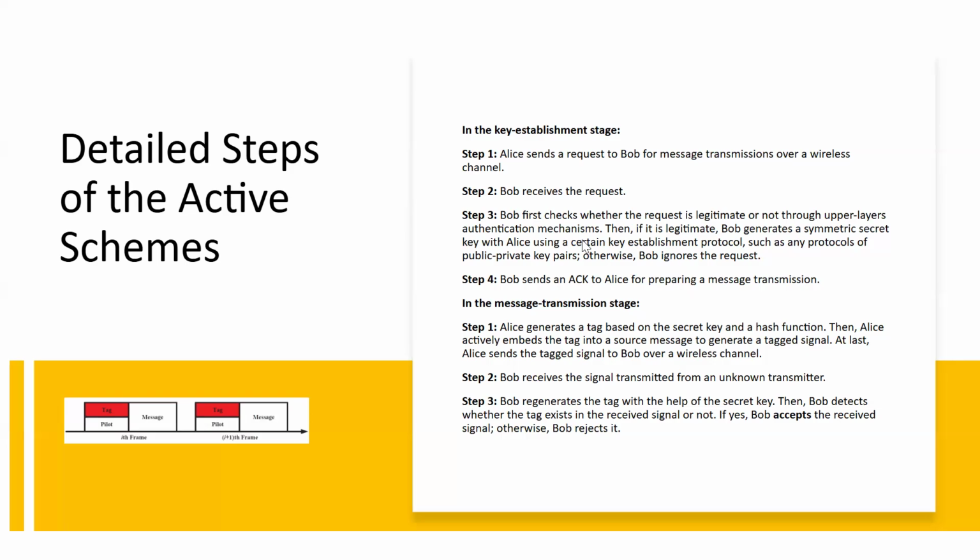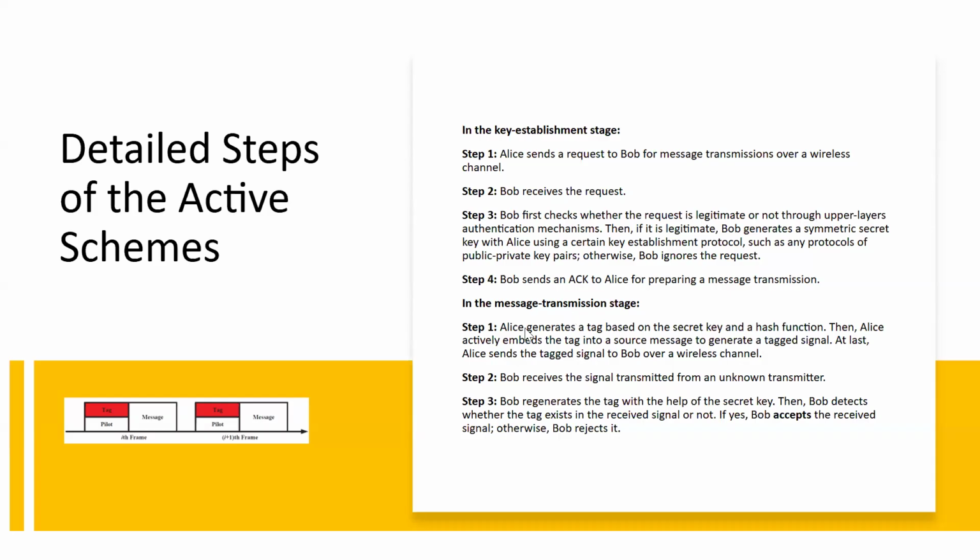Then if it's legitimate, Bob generates a symmetric secret key with Alice using a certain key establishment protocol, such as any protocol of public-private key pairs. Otherwise, Bob will ignore the request and stop the communication. In step 4, Bob sends an ACK to Alice for preparing a message transmission.